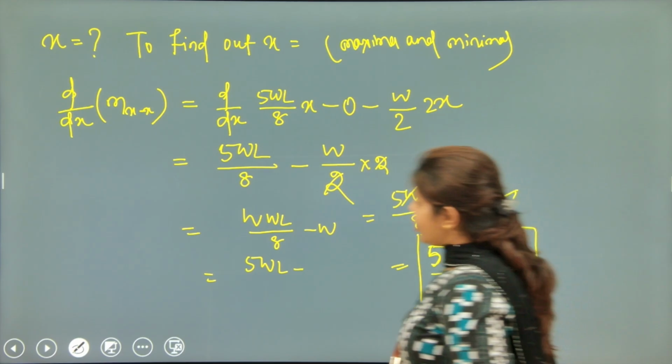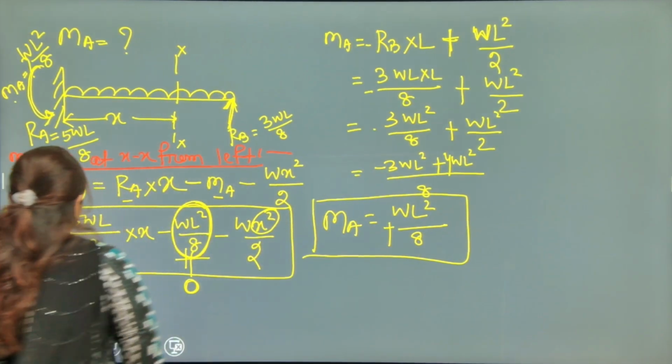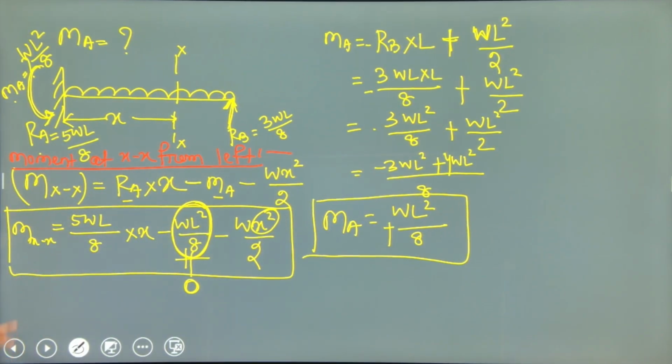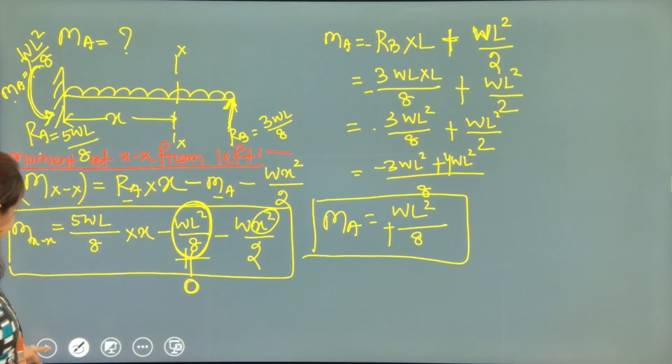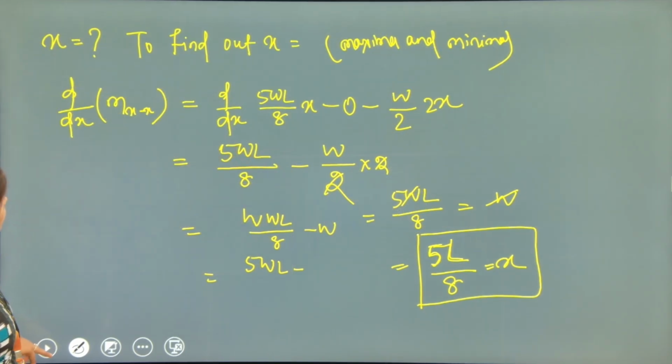Now, what will we do? Here, in this formula for MXX, we will put the value of x. Let's go for it.